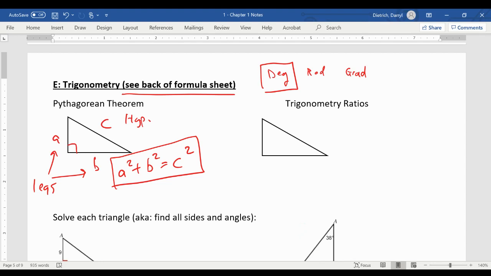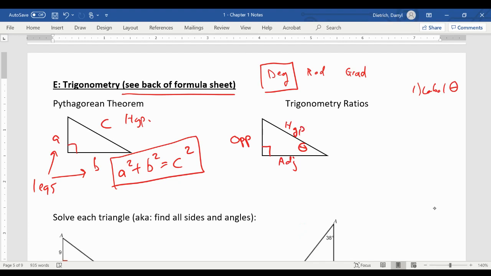Okay. When it comes to our trigonometry ratios in a right triangle, the first thing that we're going to need to do is label an angle, and the symbol that we'll use for that is theta. The reason that we want to label theta is because once we label theta, then we can list what our opposite, adjacent, and hypotenuse sides are.